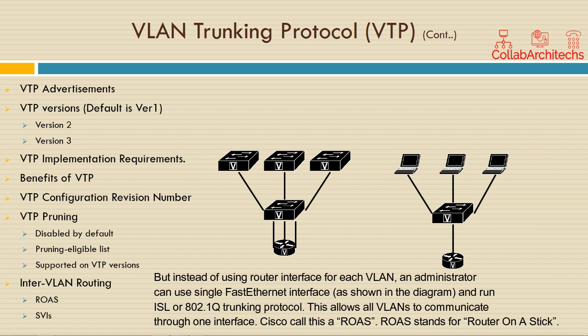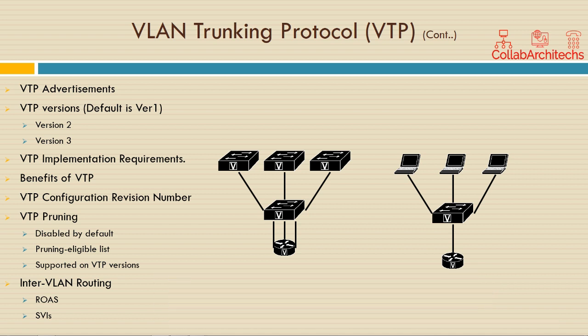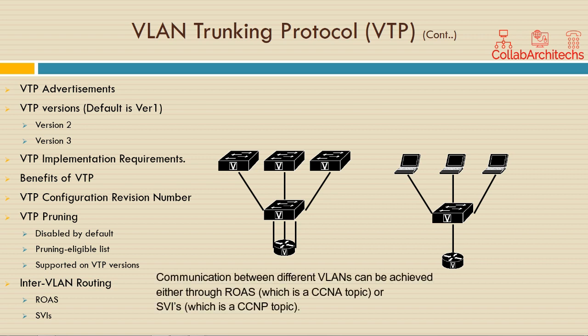This allows all VLANs to communicate through one interface. Cisco calls this a ROS. ROS stands for router on a stick. Communication between different VLANs can be achieved either through ROS, which is a CCNA topic, or SVIs, which is a CCNP topic.